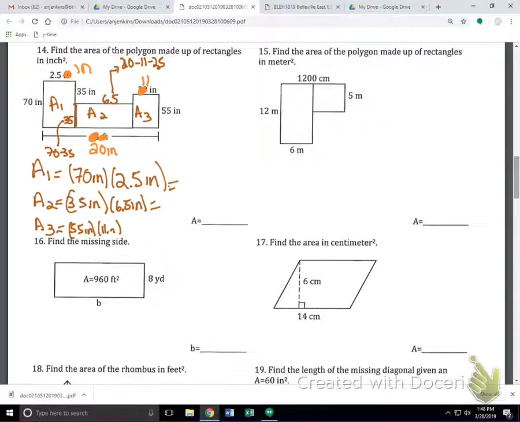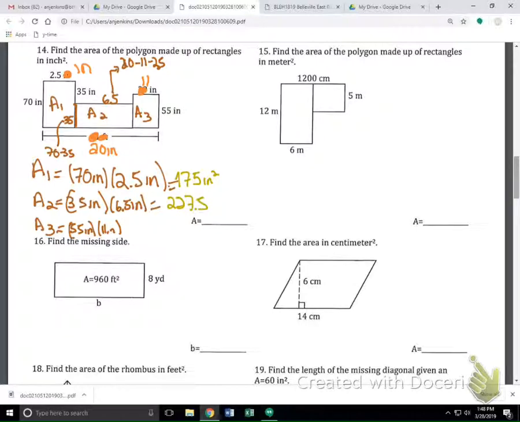Who can give me area 1? 175 inches squared. Our second one, we have 35 times 6.5. 227.5.